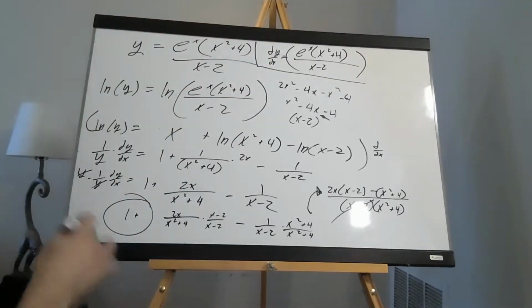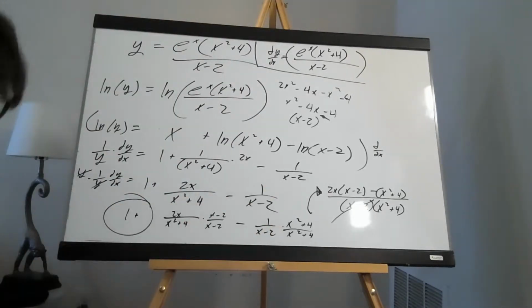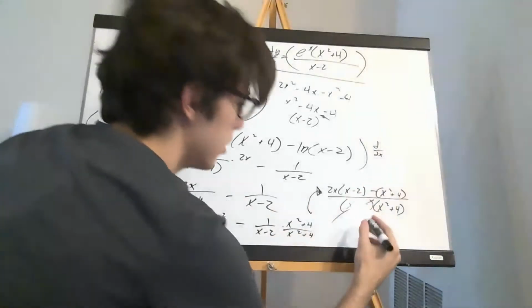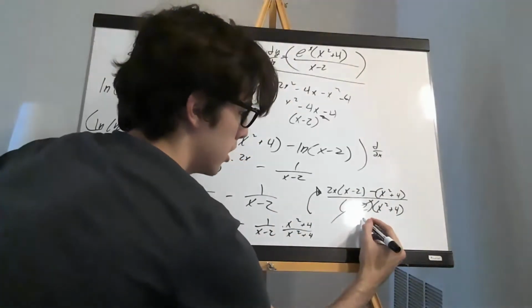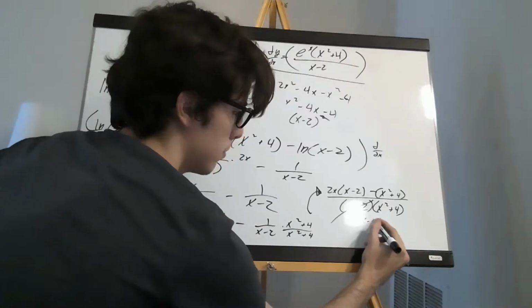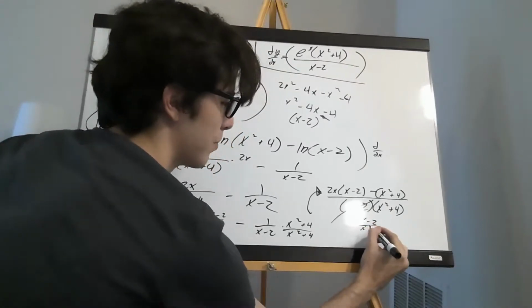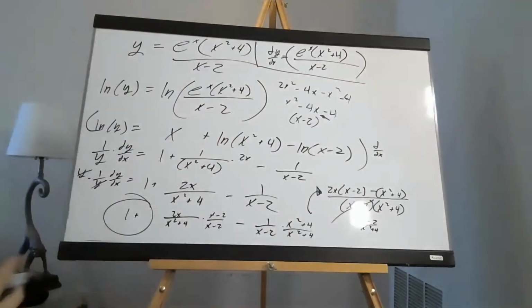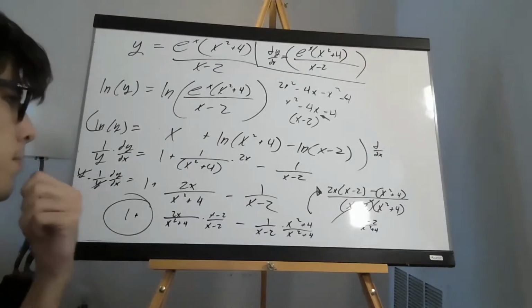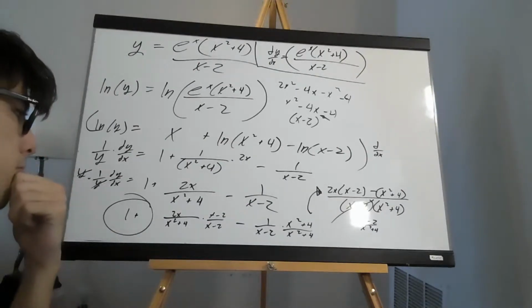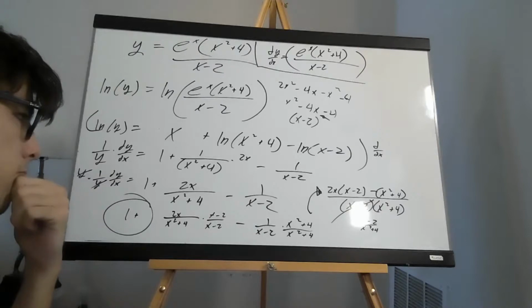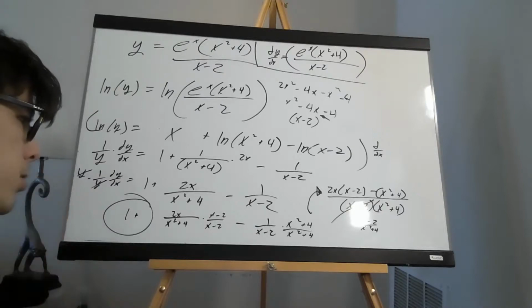I'm just playing. So let's fix that. So that just goes x minus 2, so we got x minus 2 over x squared plus 4. Plus 1.